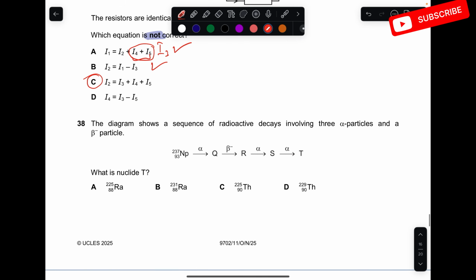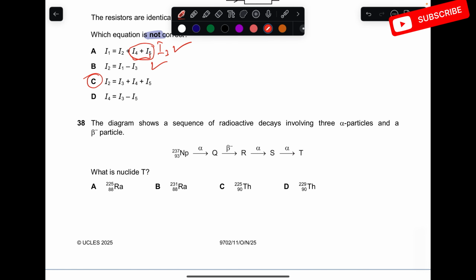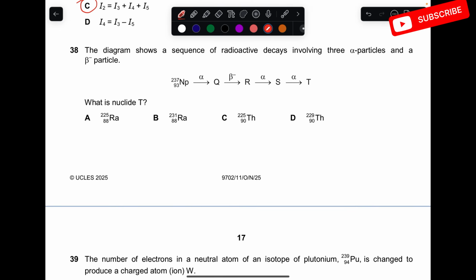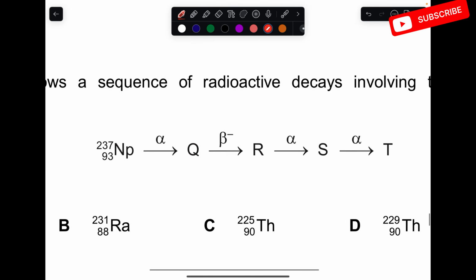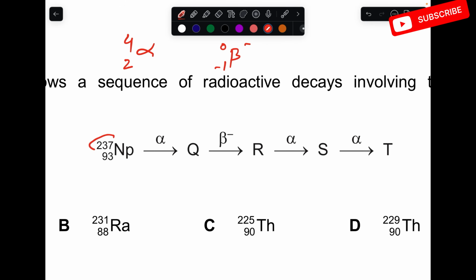Moving forward, question 38. The diagram shows a sequence of radioactive decay involving 3 alpha and a beta. Let's try to sort it out. You need to know alpha is 4 2 and beta negative is 0 minus 1. When alpha is removed, you subtract 4 from 237, so it is 233, and from 92 you subtract 2, it will be 91.